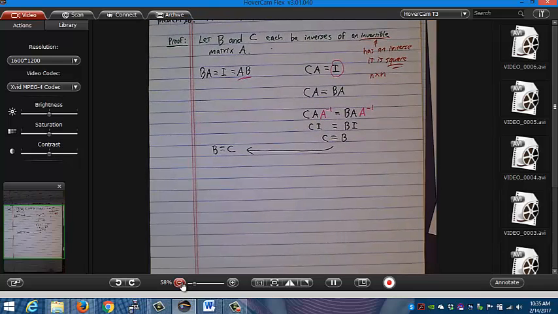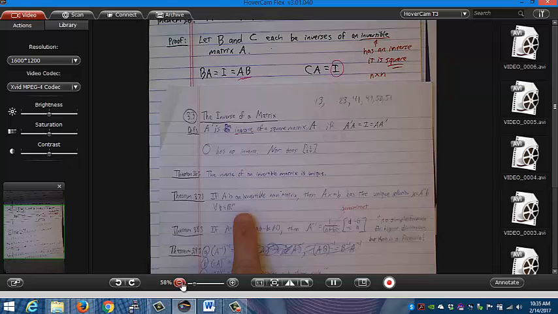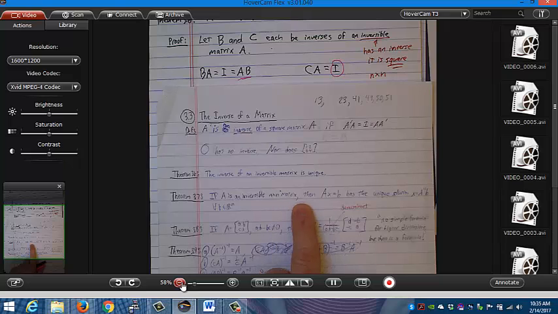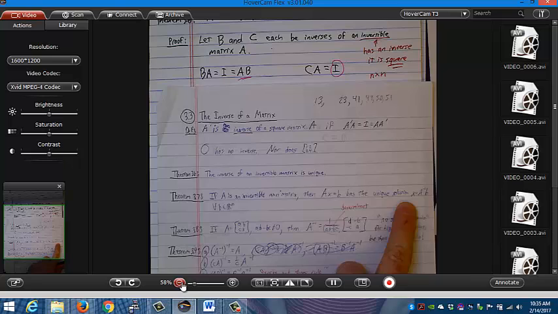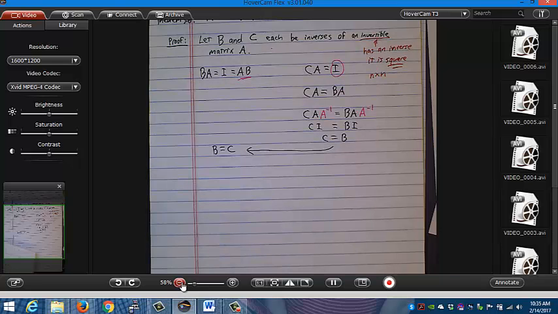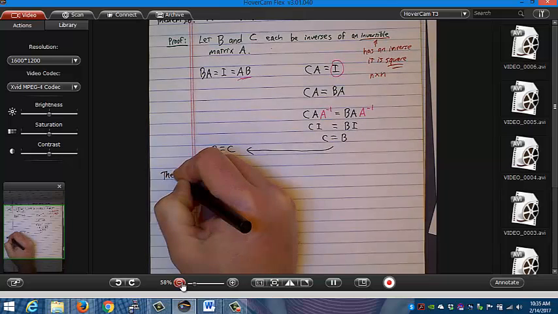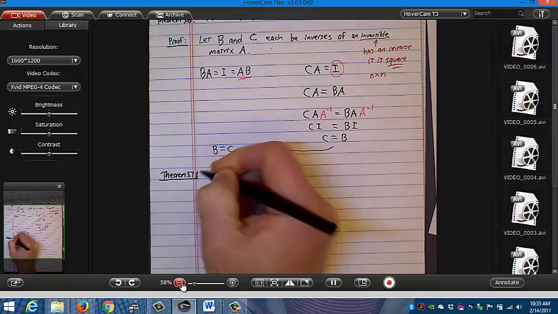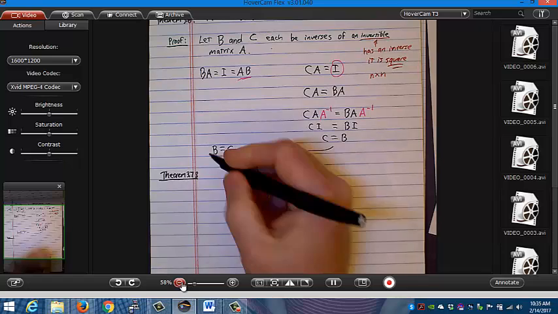Okay, next one, theorem 3.7. If A is an invertible n by n matrix, then AX equals B has the unique solution X equals A inverse B. We proved that already, but that's okay. It's a good exercise for you. Let's do it. I did it in class last time, I think. But let's do it anyways.